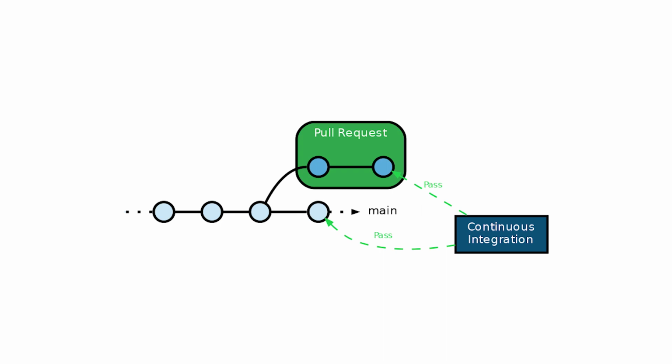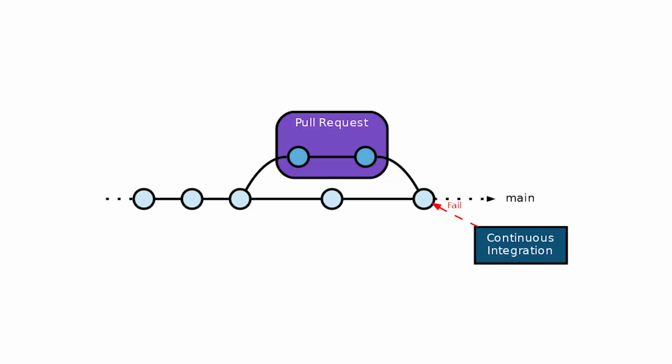The pull request is still marked as valid by the continuous integration system since it did not change. As there is no code conflict, the pull request is considered as mergeable by GitHub. But when you merge the PR, however, it is possible that the pull request that was once working breaks the main branch. The stale pull request might introduce regressions or breakages into the production system.